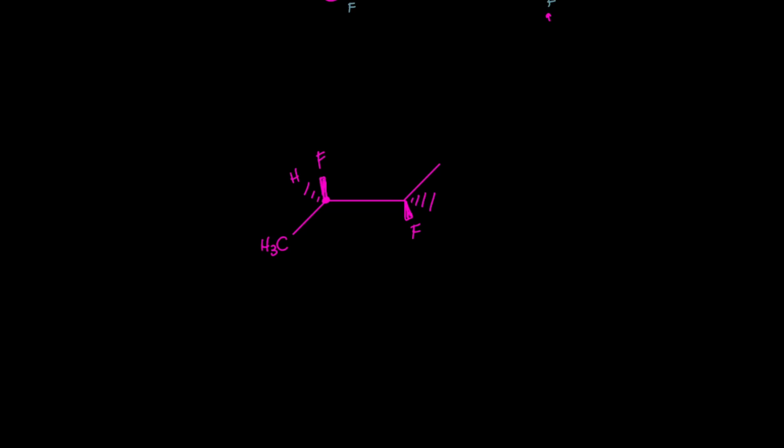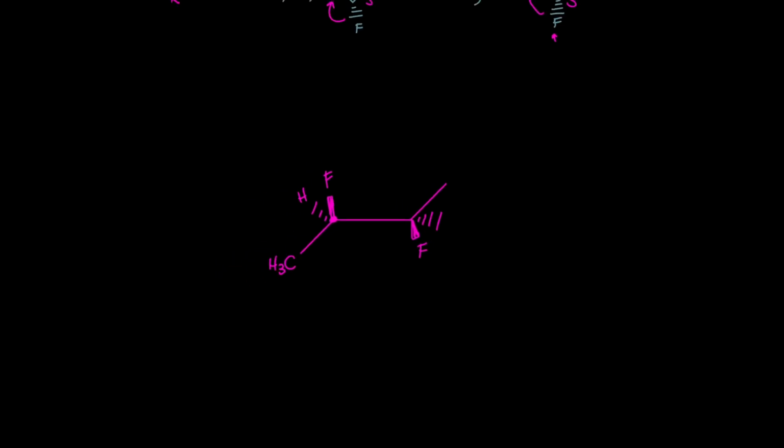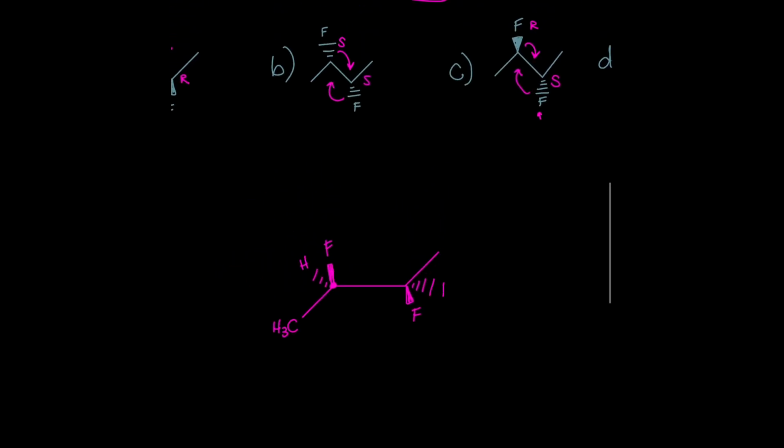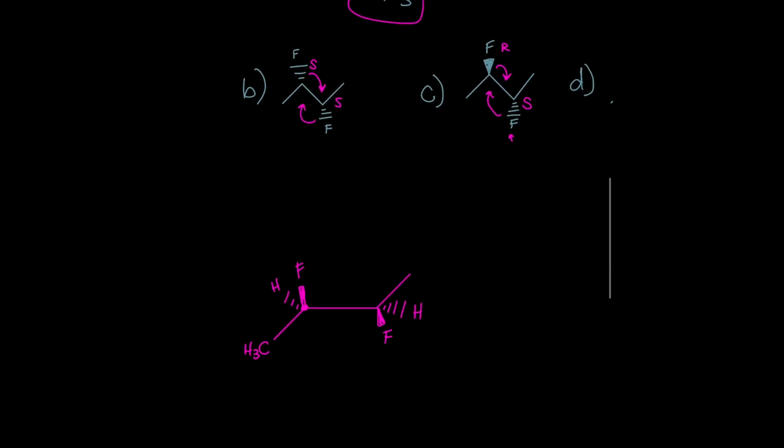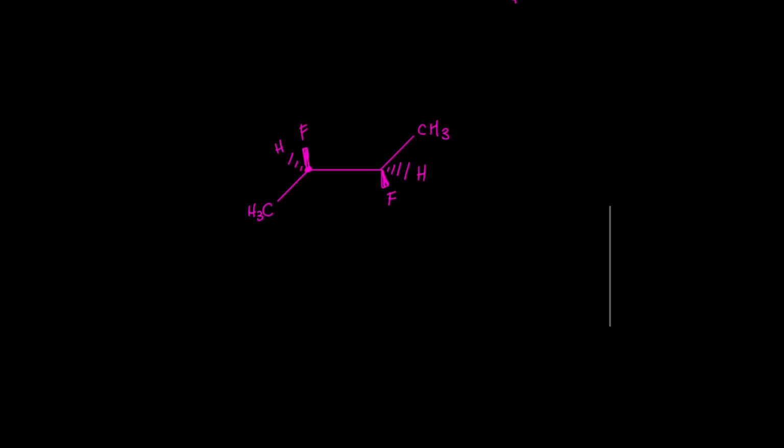I'm trying to see what it's... Anyways, okay. That fluorine's going to be on our wedge, and then this is going to be a hydrogen, right? Because this is on the left, and then this methyl group is going to be on top, just like it is on the other side. Okay. So that's good. We have both of our hydrogens in the back, which is always what you want.